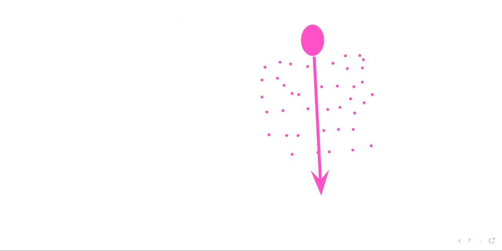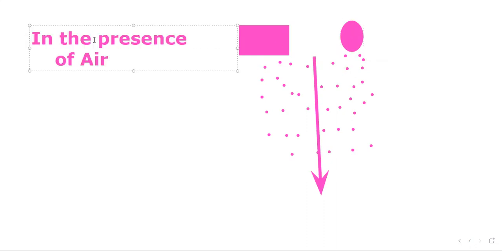Now suppose you have one object like this and the other object is like this. So two objects are there, in the presence of air.